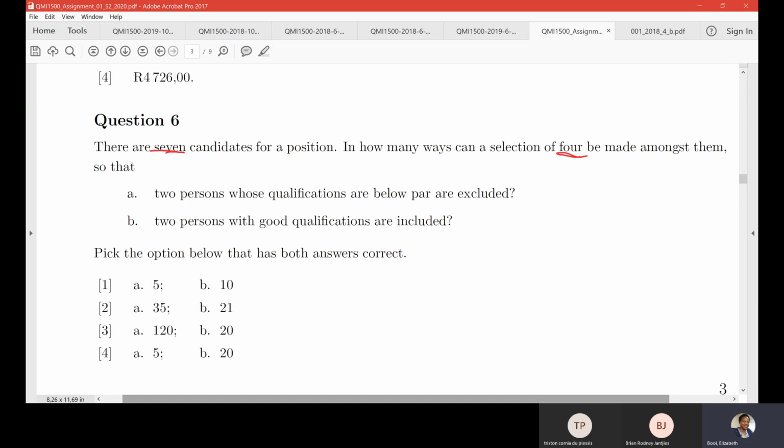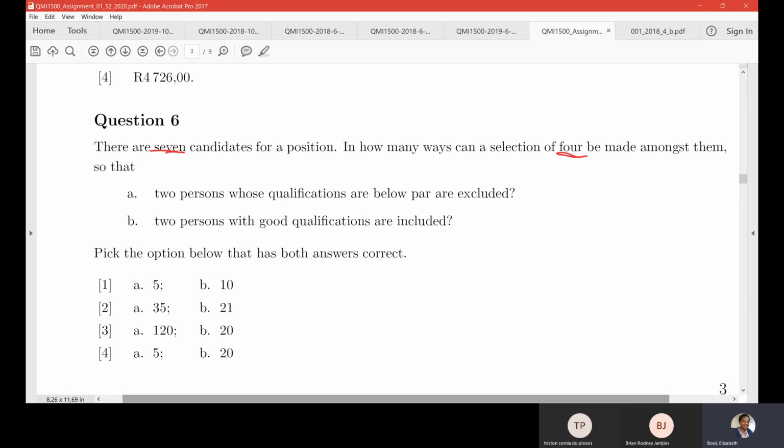In your module, they do straightforward counting rules. They say there are 6, in how many ways can you place them in a box? Straightforward questions. Whether you're doing a multiplication rule, a factorial, a permutation or a combination, they ask questions straightforwardly. Here, it says 2 persons whose qualifications are below par are excluded.